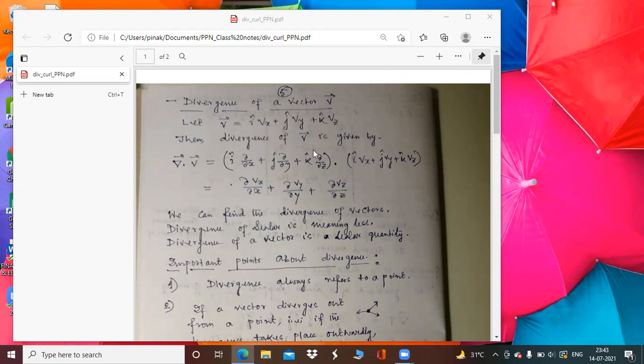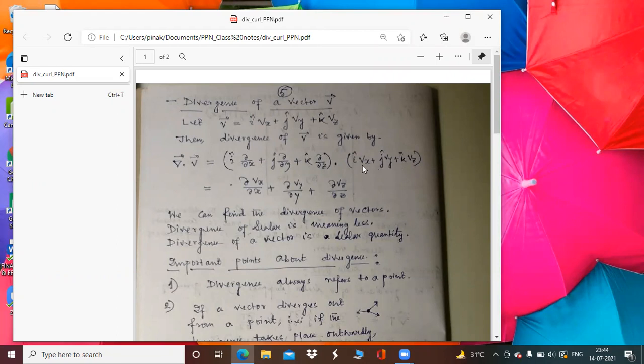Then divergence of v bar is given by del bar dot v bar, and this is equal to, in place of del bar you can write i cap del x plus j cap del y plus k cap del z, and then whole thing dot i cap vx plus j cap vy plus k cap vz.